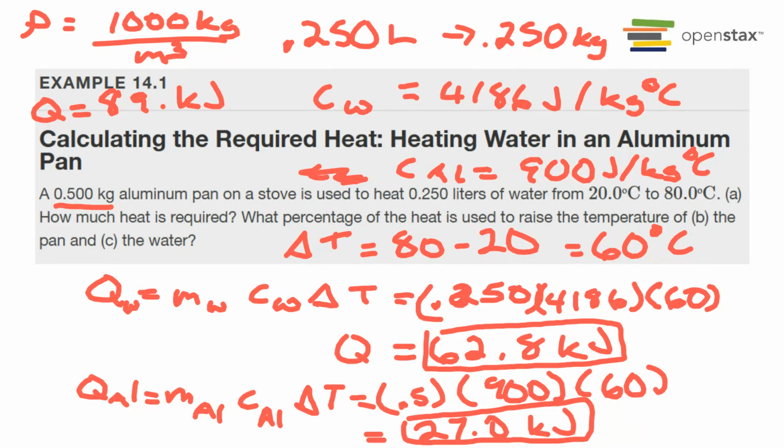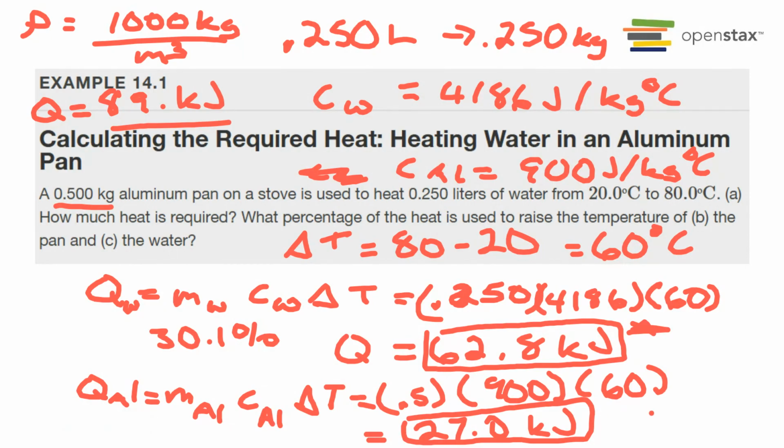And then if you want to find the percentage, like what percentage is going to the water and what percentage is going to the aluminum, you would just take each and divide it by the total. The water percentage would be about 30.1%, because you would take the 62.8 and divide it by the total. That gives you about 30%.